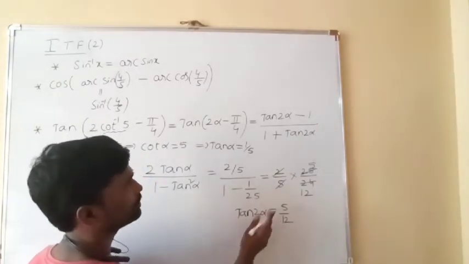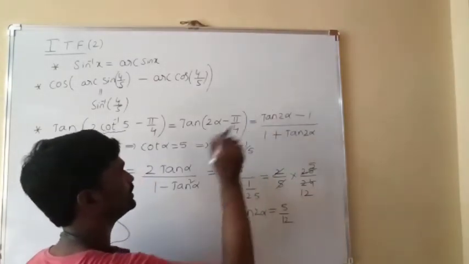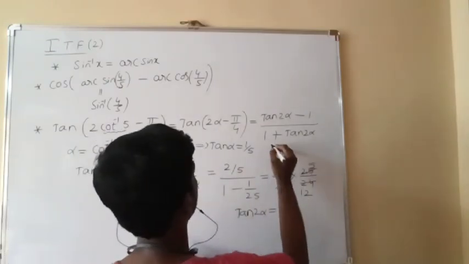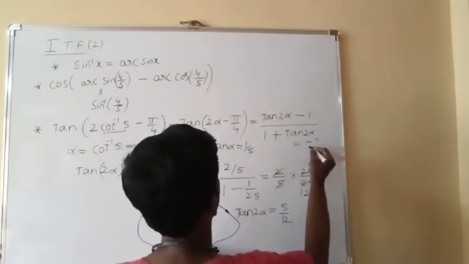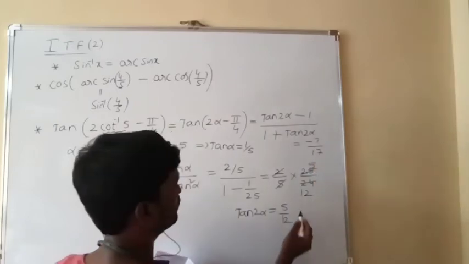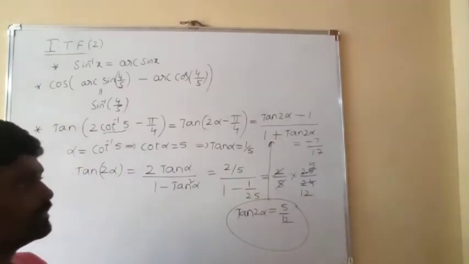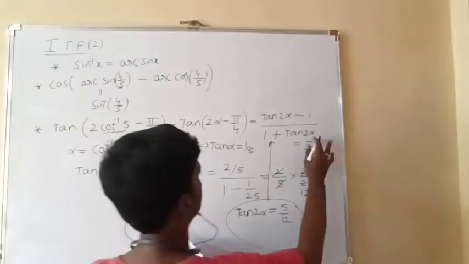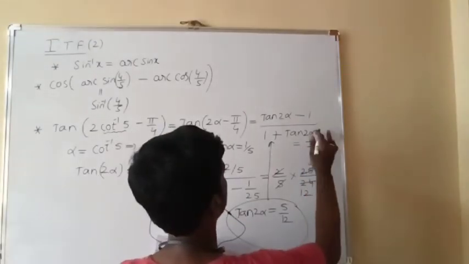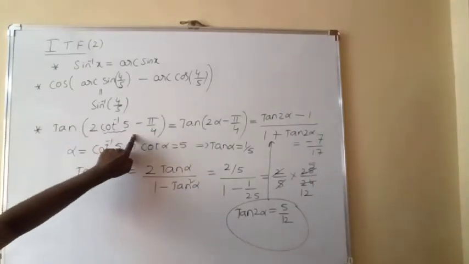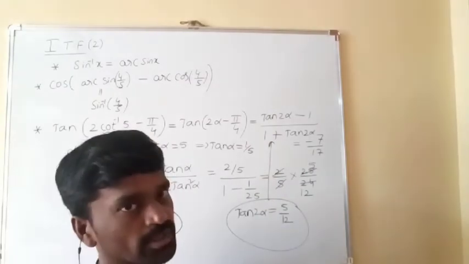Substitute this tan 2 alpha value 5 by 12 here and simplify. You will get minus 7 by 17. So this is the value of tan of 2 cot inverse 5 minus pi by 4.